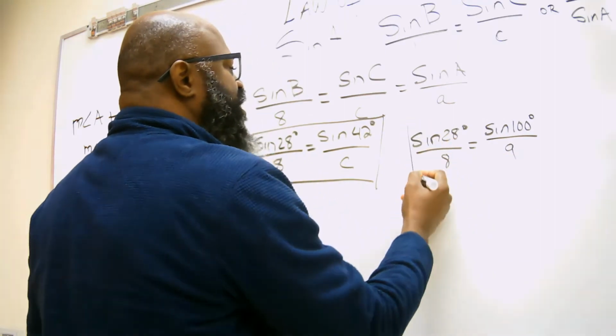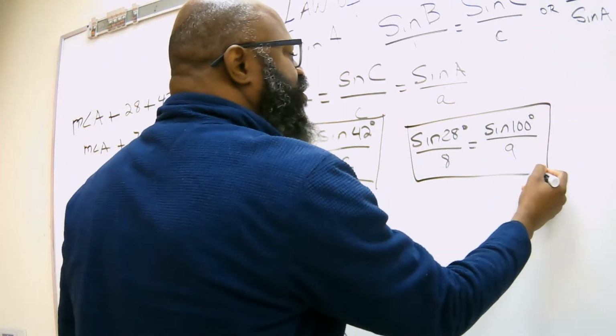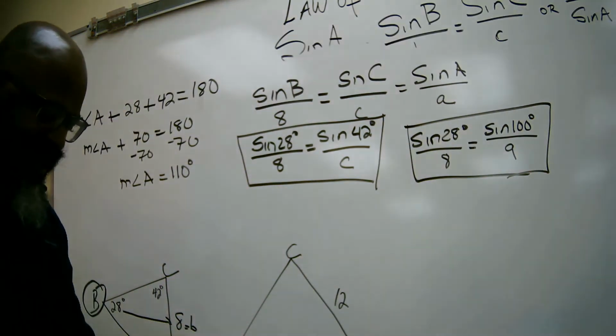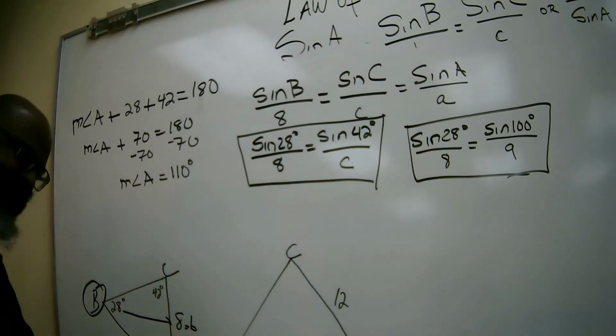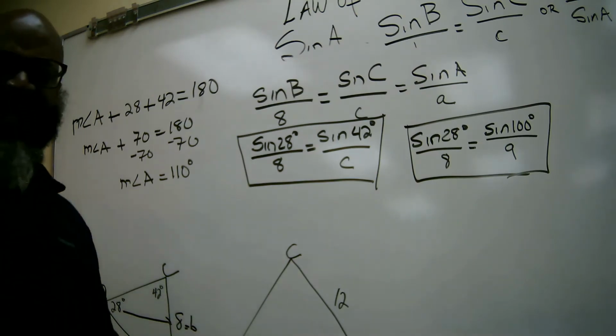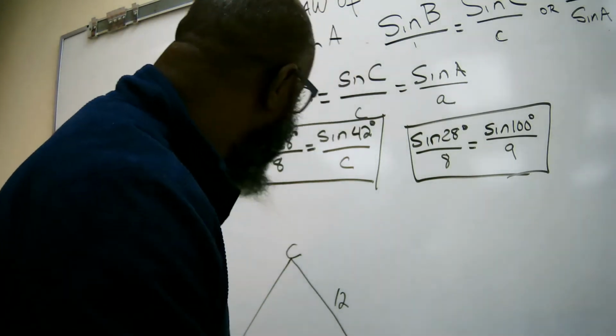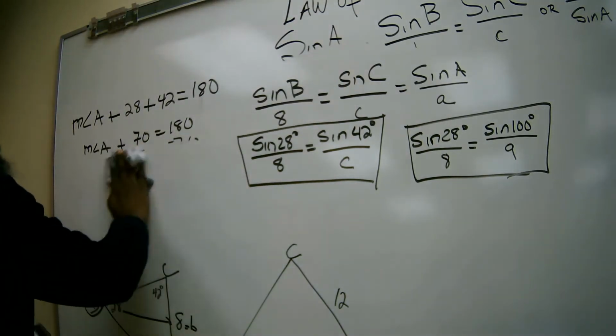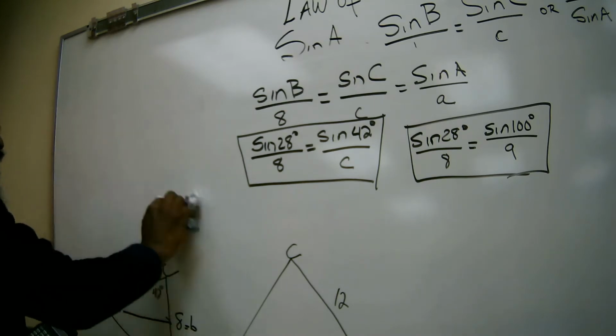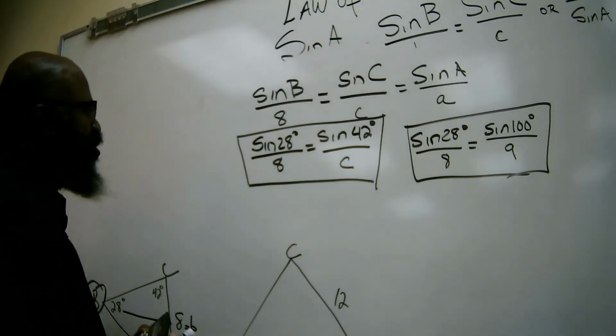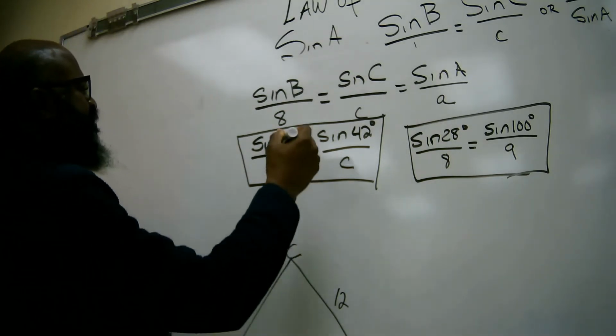That will be the other equation. Then we're going to use the calculator to help us figure out the other missing side. Then I get my friend, my calculator. I already know that, so you're going to cross multiply here.